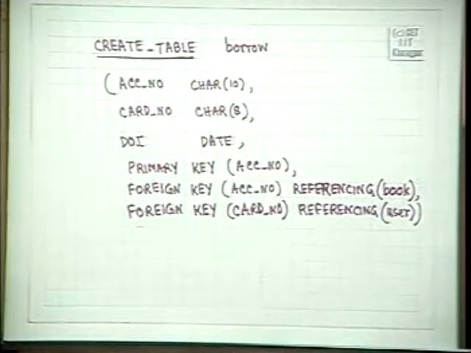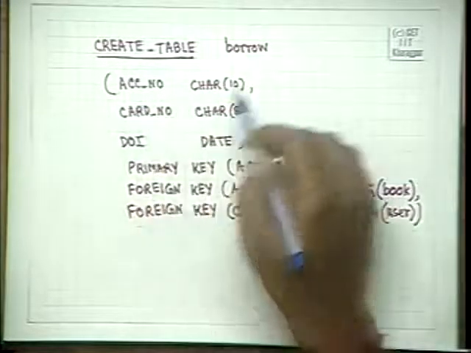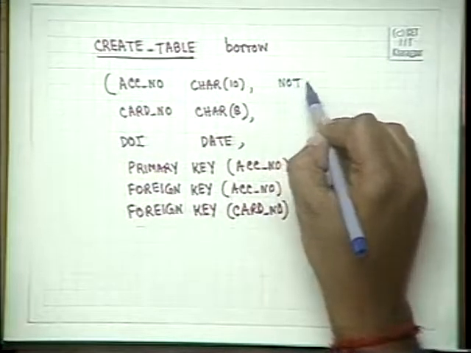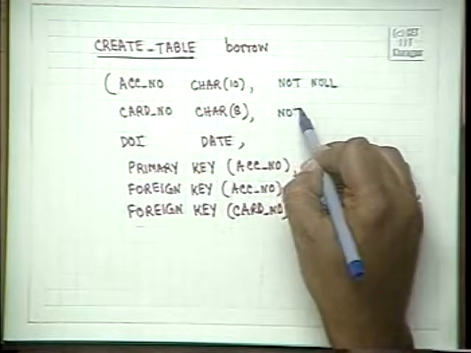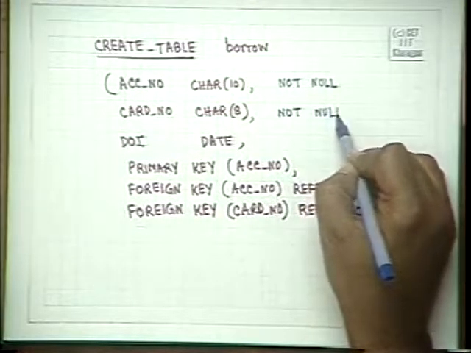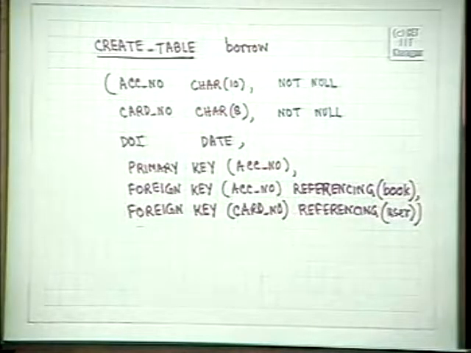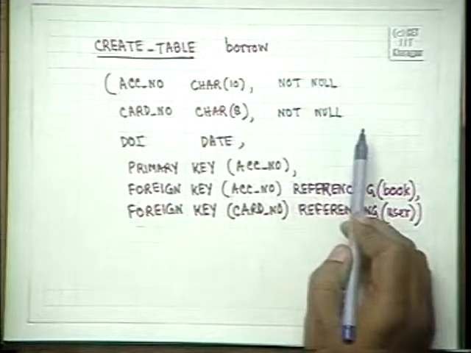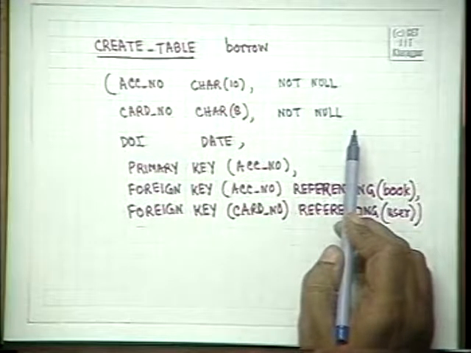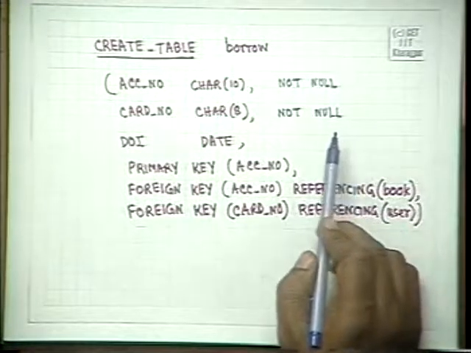and we will also have to specify the non-null attributes. For example, we cannot expect the accession number, nor can we expect the card number to be null. Maybe the date of issue may by chance be null, that may be acceptable, but obviously these two should not be null. You do not know what book has been issued, and you also do not know who has issued the book.